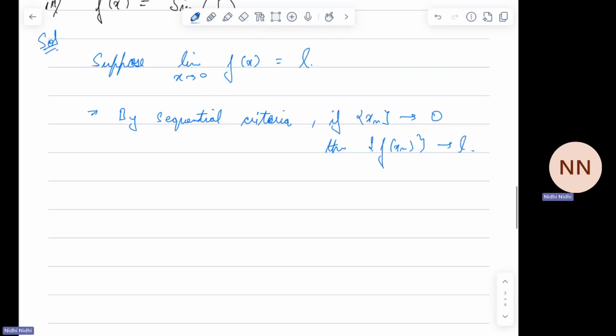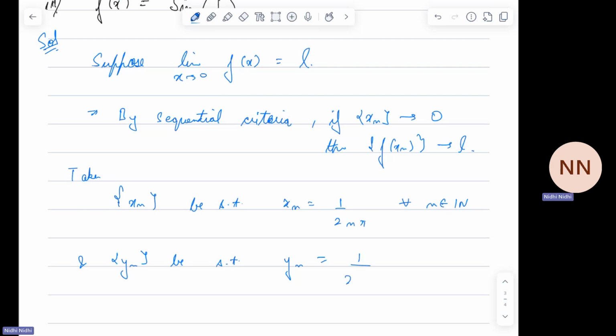Now if I take the sequence x_n to be such that x_n is equal to 1 by 2n pi, and y_n be such that, for every n in N, y_n is equal to 1 upon 2n pi plus pi by 2.